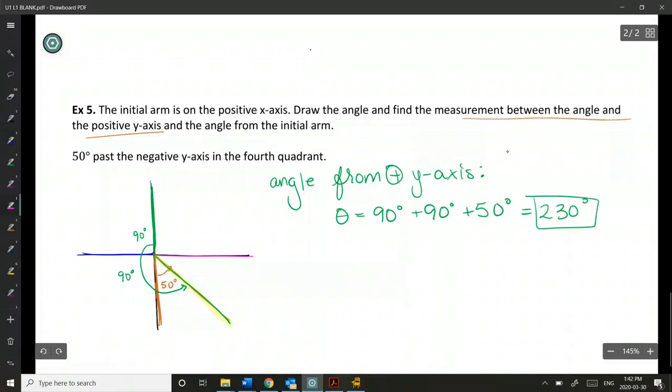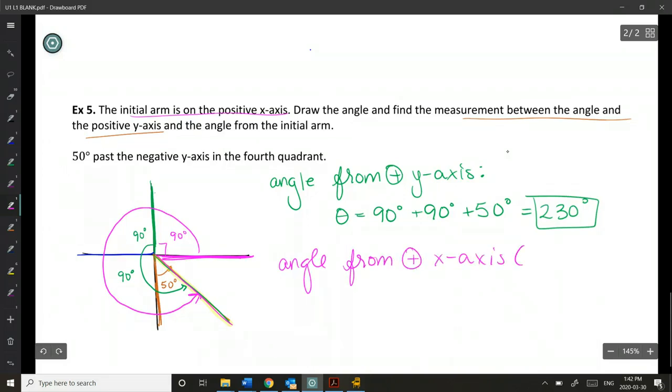Okay, and then the other angle that we're being asked for is the angle from the initial arm, which we said in the question was on the positive x-axis. So interested in this rotation to our angle here. So that's just another 90 degrees. So the angle from the positive x-axis, or the initial arm, is usually measured in a counterclockwise direction, which is why I'm simply not calculating this.